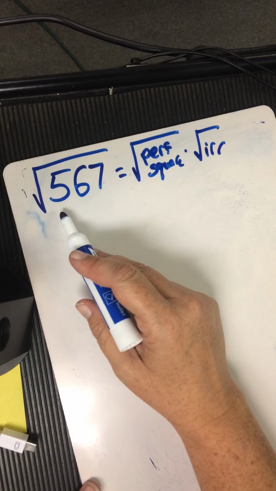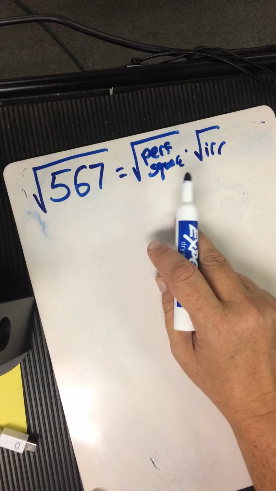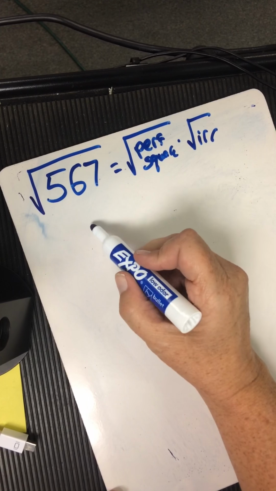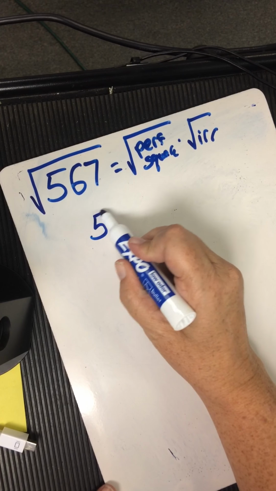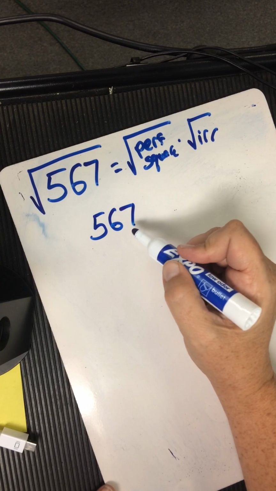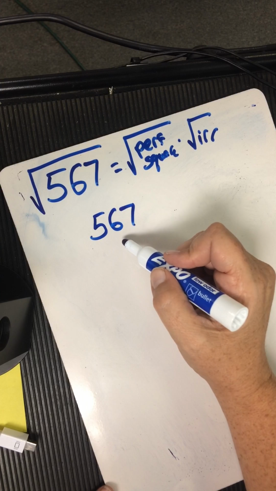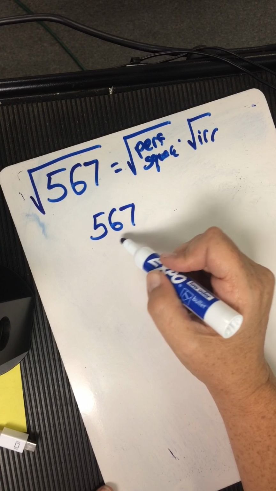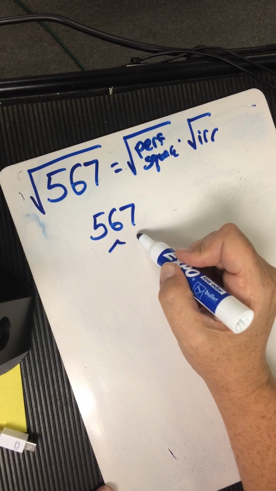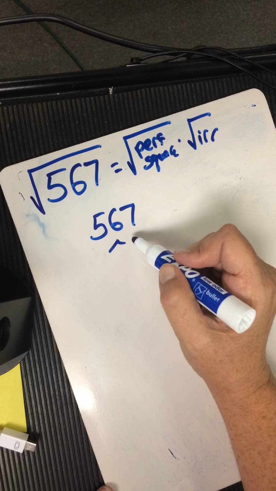Okay, so are there any factors of 567 that are perfect squares? Let's find out. I'm assuming you don't know this off the top of your head, which is okay. I like to start by dividing by 2 in a factor tree. That's not going to work because this is not an even number. Can't divide by 5 because it doesn't end in a 5 or a 0.